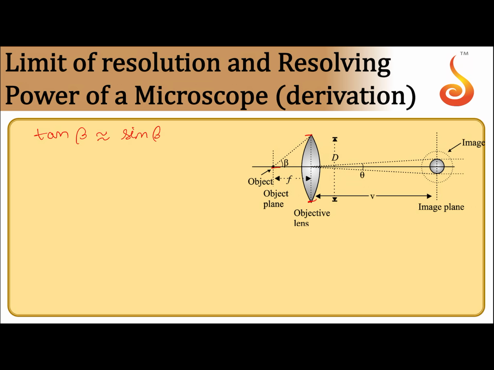That means this distance and this distance will be roughly equal. So in that case, you will get f is equal to d divided by 2 sin beta, or we will get d is equal to 2f sin beta. Call it equation 2.